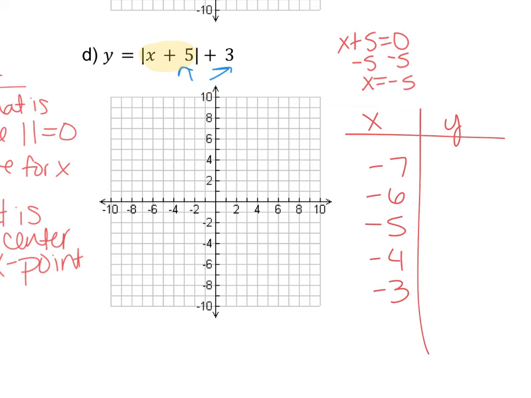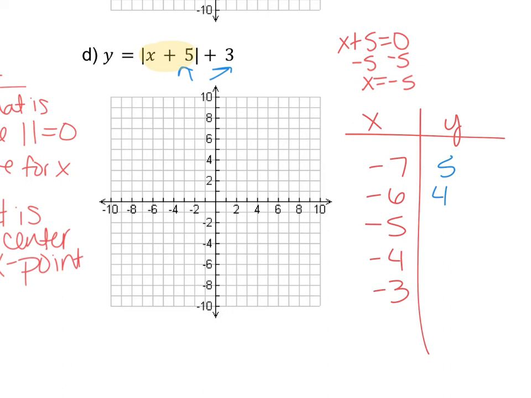Okay, so -7 plus 5 would be -2. Take the absolute value, that's 2, plus 3 would be 5. -6 plus 5 is -1. Absolute value is 1, plus 3 would be 4. -5 plus 5 is 0.